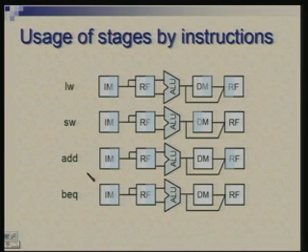Now, also imagine that whether an instruction requires 5 stages or fewer, we will not worry about that part of it. So, for example, the add instruction will do register writing in the 5th cycle only, and therefore, we will be wasting a cycle in between as far as the add instruction is concerned. And this does not bother us, because as I mentioned, what is of concern to us is the throughput.